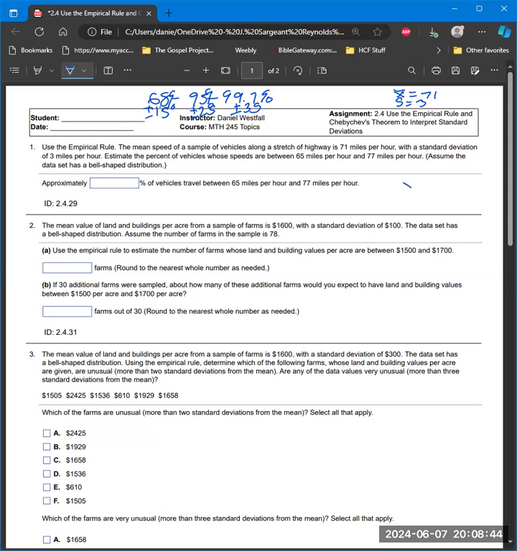So we have x bar is 71, x bar minus 1s is 68, x bar minus 2s is 65, x bar minus 3s is 62, x bar plus 1s is 74, x bar plus 2s is 77, x bar plus 3s is 80.